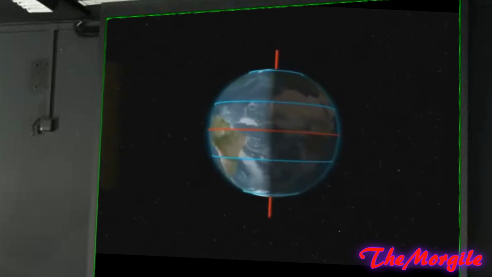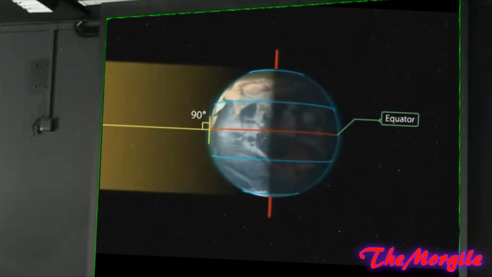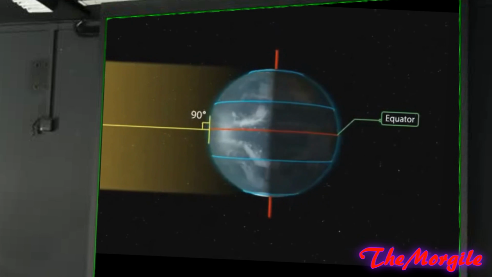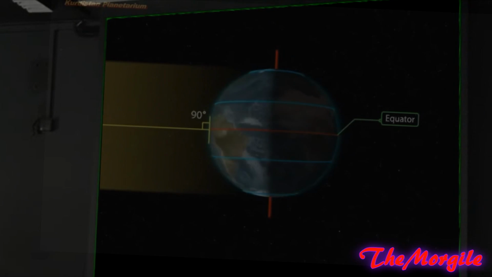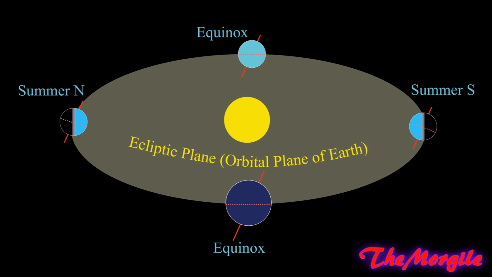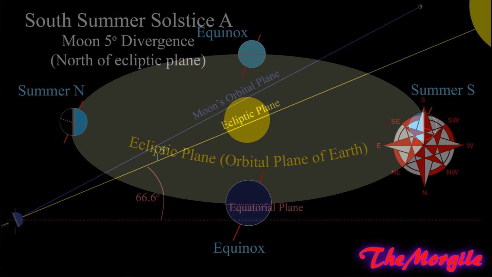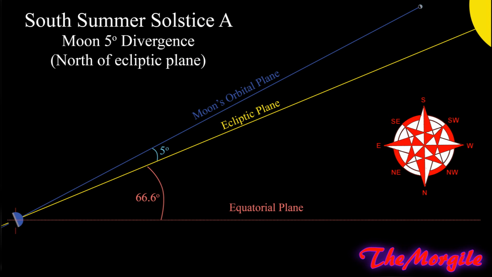And again, the moon is allegedly misaligned to the ecliptic plane by a mere 5 degrees and somehow manages to travel from Capricorn to Cancer and back over the course of a month. Now, the reason that this is impossible, again, is because our Earth's equatorial plane is not aligned to the ecliptic plane except for twice a year.